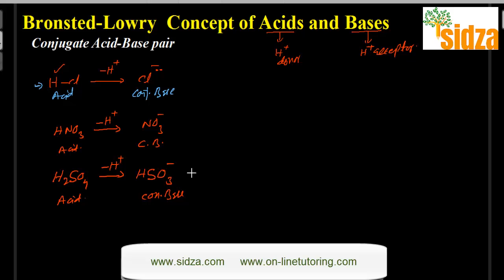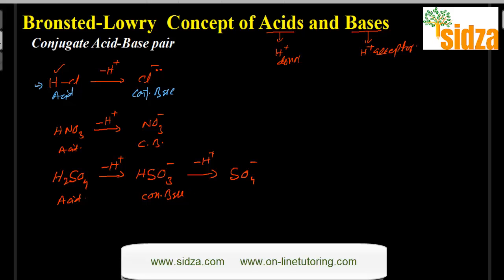And HSO4 negative can release one more proton, minus one more H positive ion, and you get SO4 2 negative. So SO4 2 negative is the conjugate base of HSO4 negative.